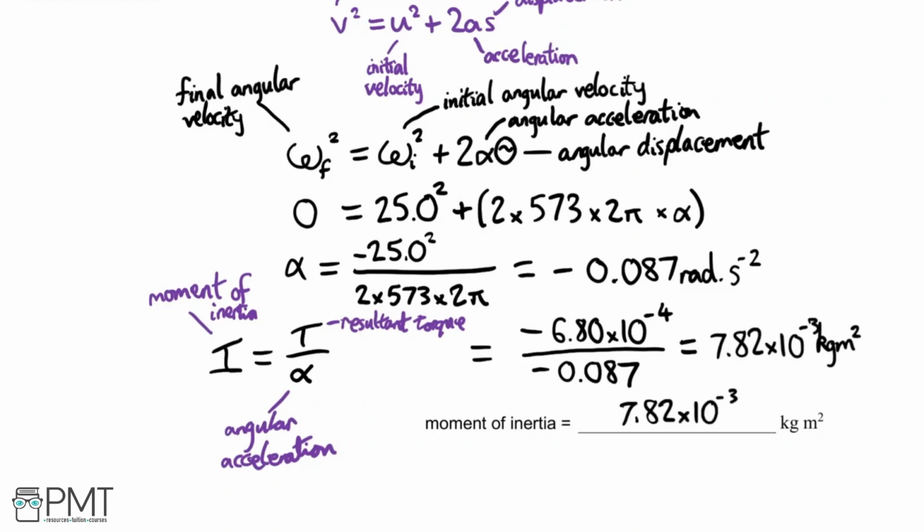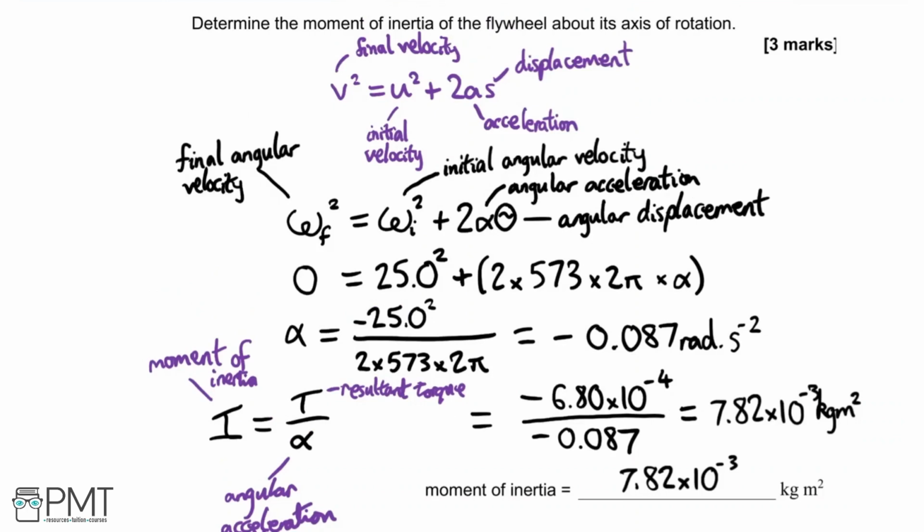In terms of marks for this question, there are a number of places that you can get those marks, and there are more opportunities to gain marks than there are marks available in the question. So let's look at the first. The first mark is for the use of the angular equivalent of v squared equals u squared plus 2as. The second mark is for correctly converting the number of rotations into a value in radians.